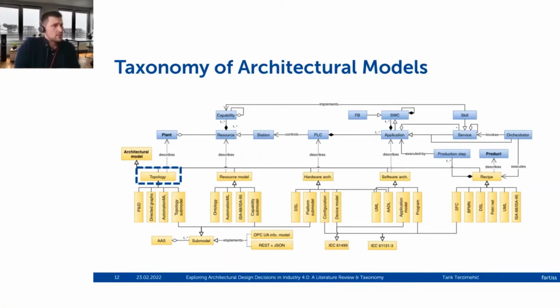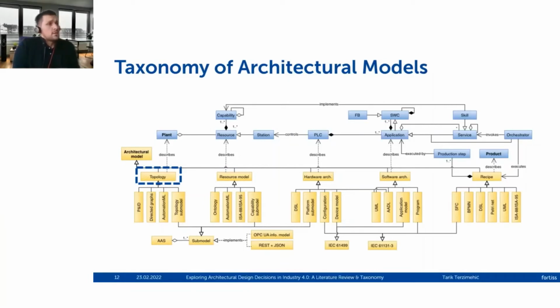And those PLCs are running one or several control applications, which are described by software architectures. Besides, of course, UML or ADL, we also have here a domain-specific application model and so-called program from those two standards. So they are the most frequent ones.